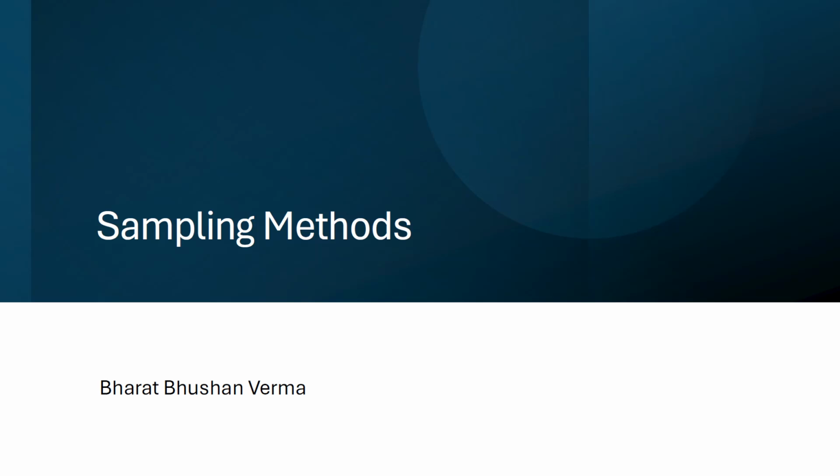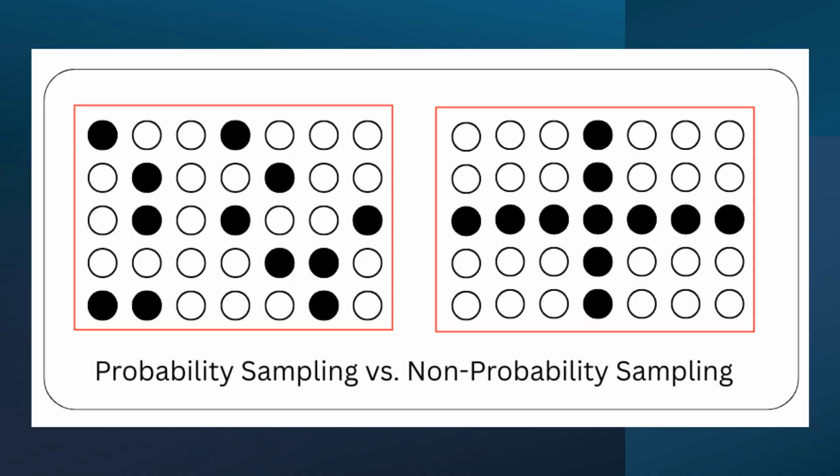There are various ways of collecting samples from the population. The approach to selecting a subset from the population is called sampling. There are broadly two types of methods in sampling.